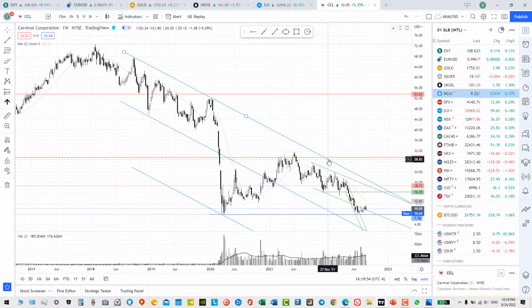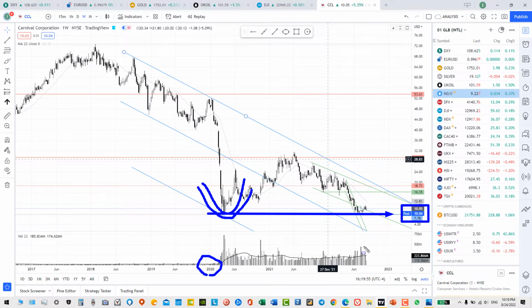Okay, the stock now is testing a very important level where it created a bottom in 2020, which was the place it managed to reflect again to the upside or bounce again to the upside after the pandemic in 2020. This level is very important. Weekly support around the $10 area.